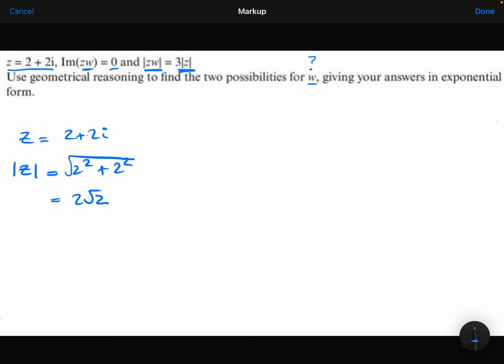Now, I can also work out the argument of z. Let's do that by doing tan inverse of 2 over 2, which is going to give me pi over 4. So that's the argument of z.